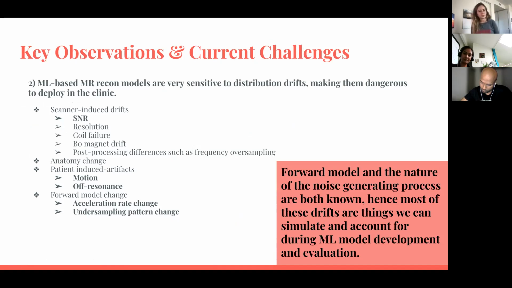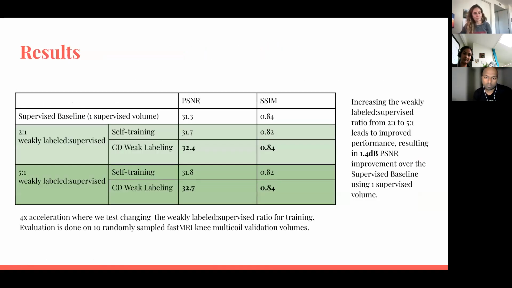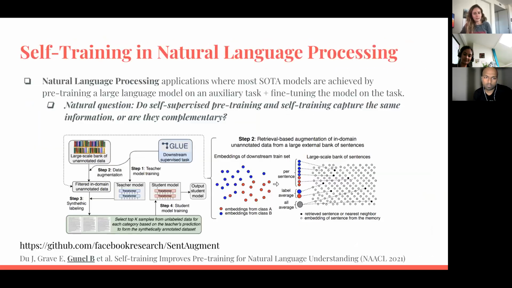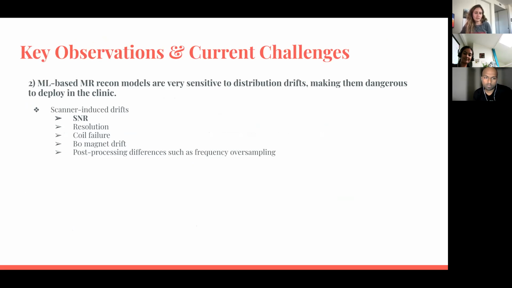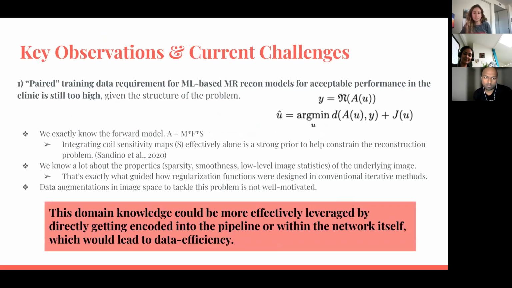Motion can happen in a million different ways; it doesn't need to be just some translation, phase, etc. But we know where to start. Going back to my point, we exactly know what the forward model is, so it's a bit easier to simulate.